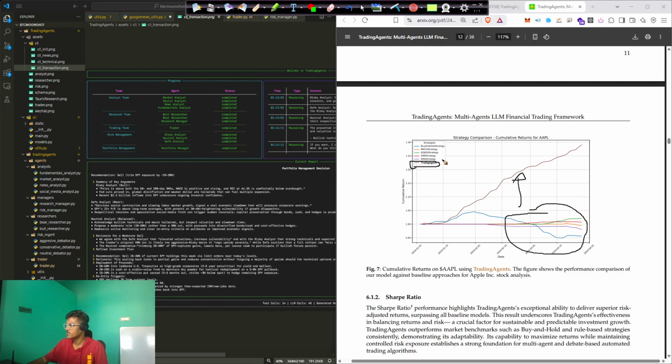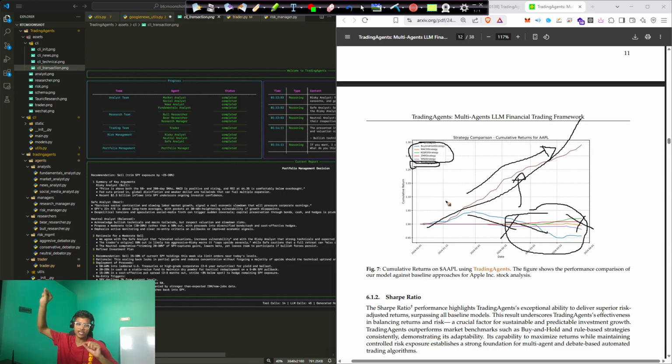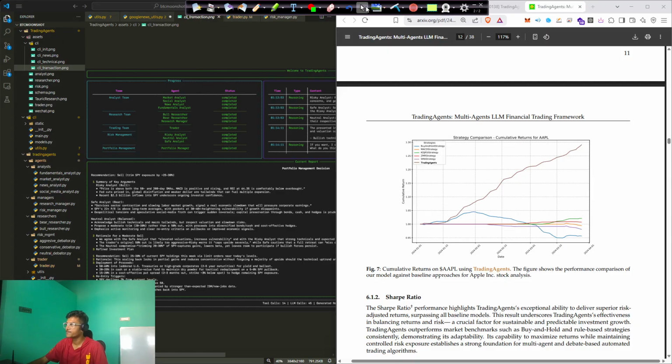And all these others are traditional indicators, and you can see the performance is worse for the traditional, but for the AI, it's a steep rising curve. That's your exponential curve, guys. The result should be like that. It should exponentially go up, and that's what we are seeing here. It's really good.